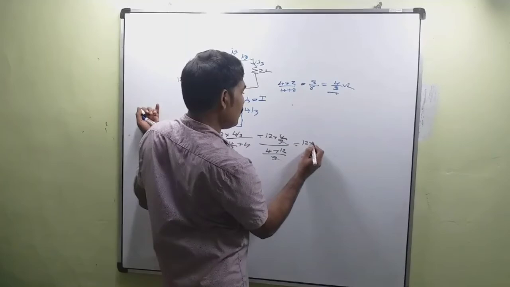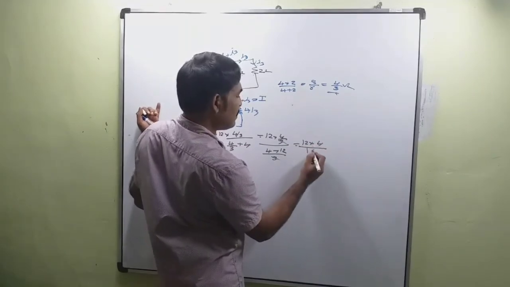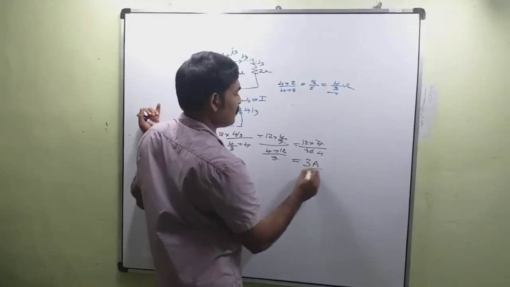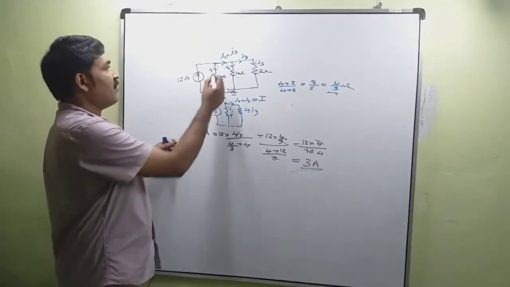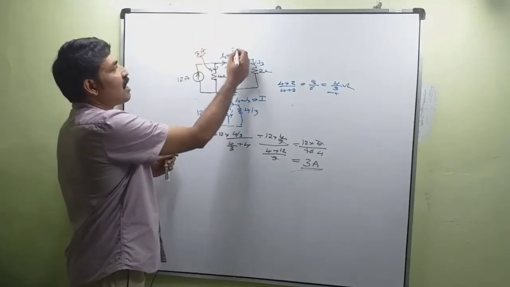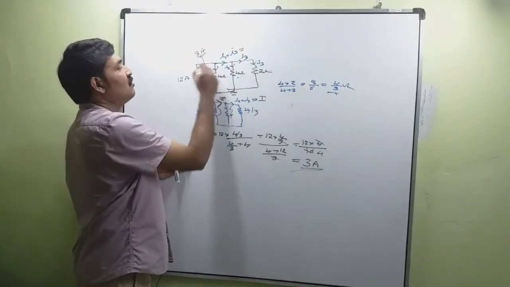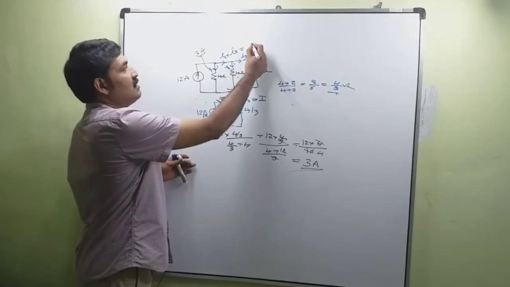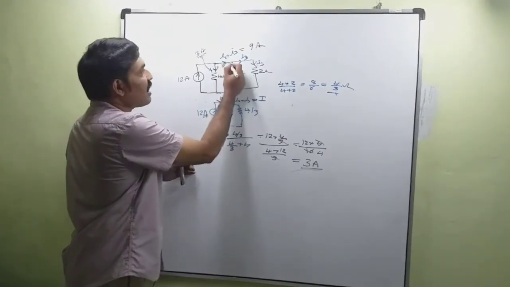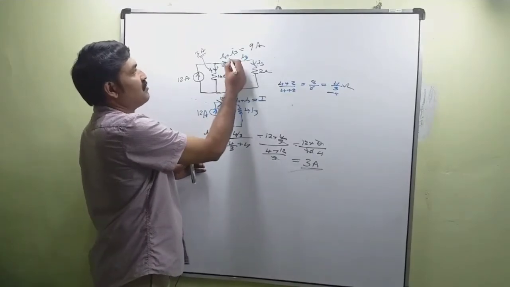This is equal to 12 into 4 divided by 16, that is 3 amps. So I1 is equal to 3 ampere. So I2 plus I3 is equal to 12 minus 3, that is 9 ampere. So the current reaching this node is 9 amps.